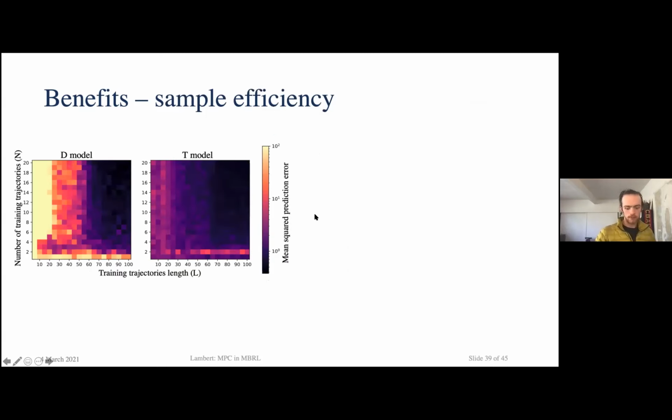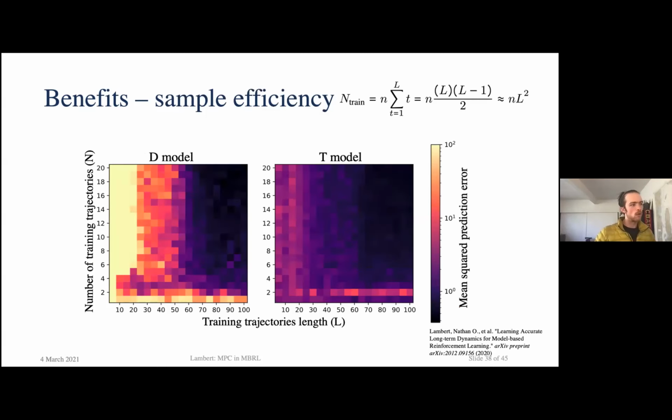Oops, skipped one. Going into the supervised learning part, how does this more labeled data turn into a useful RL tool? This heat map shows a deterministic one-step model on the left and the trajectory-based model on the right, with the mean prediction error given a certain state, how long the trajectory is, and how many training trajectories you have.